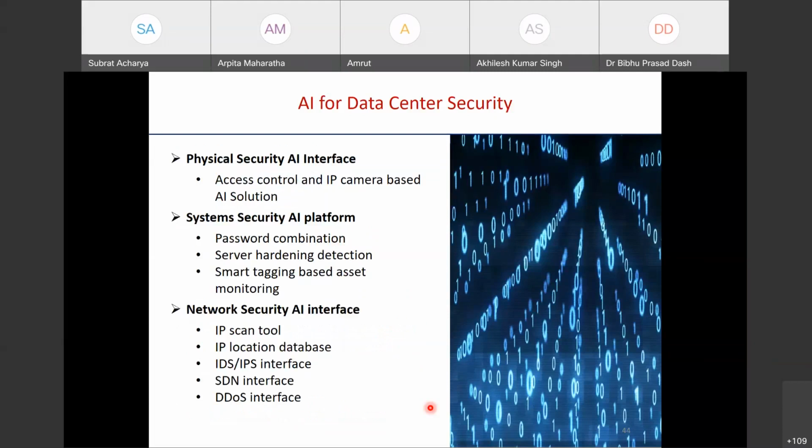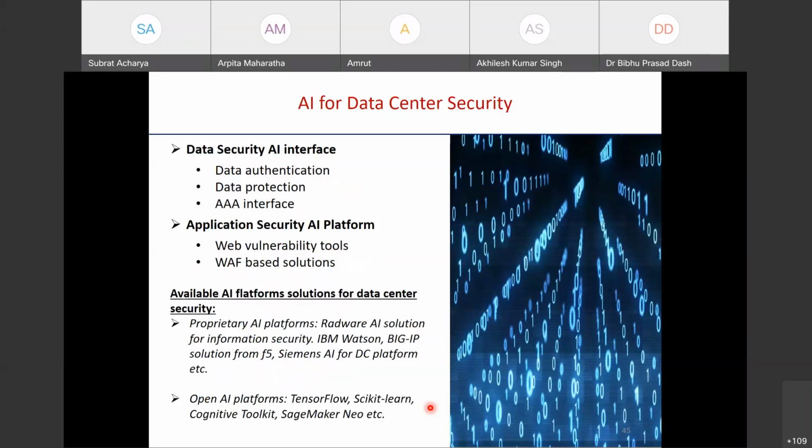They are classified into layers like physical systems, networks, and data security or application security. Then for each layer or action, the devices or sources are also given as input to this model, and each source of data is fed to the model we discussed in the initial slides. To get a proper AI-enabled platform, I should have properly validated data, then the model, and then the model will have ground validation.